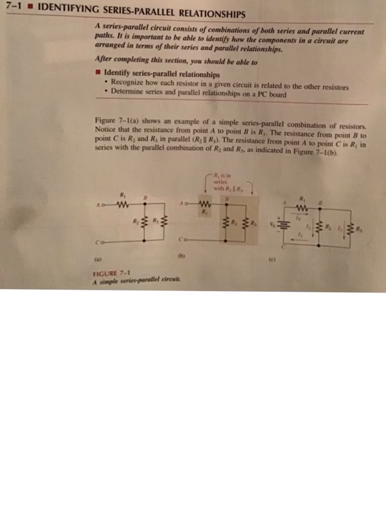So let's dig in. If you take a look at the top of this slide, it says that a series parallel circuit consists of combinations of both series and parallel current paths. It's important to be able to identify how the components in a circuit are arranged in terms of their relationship.